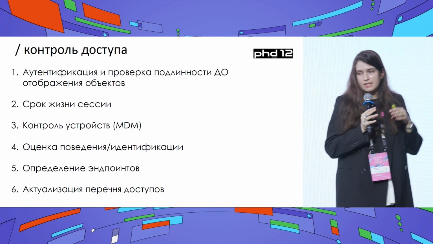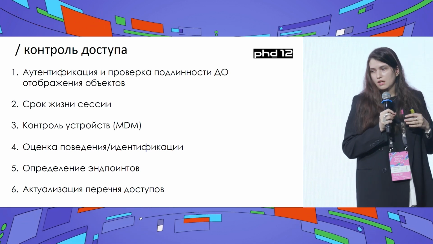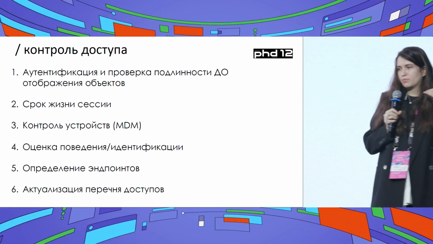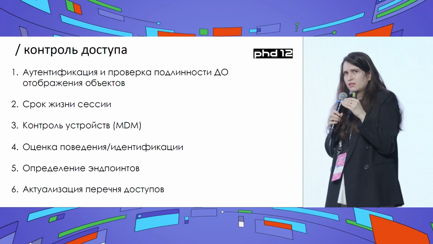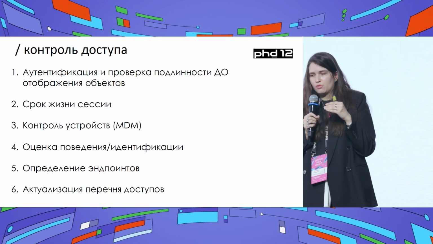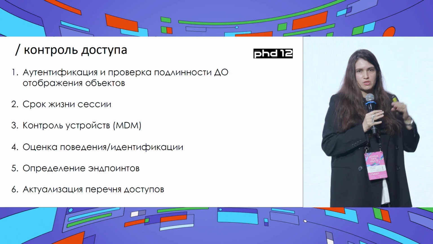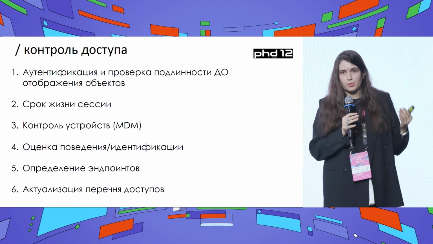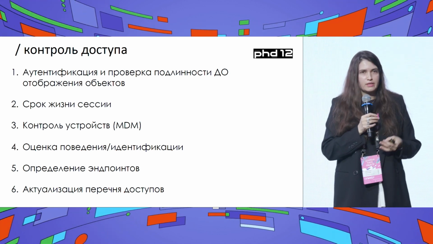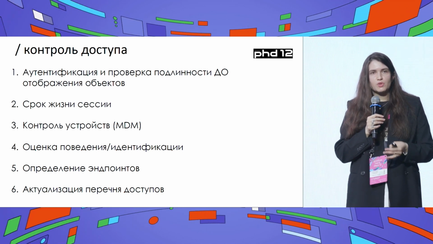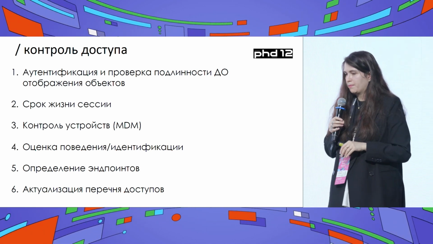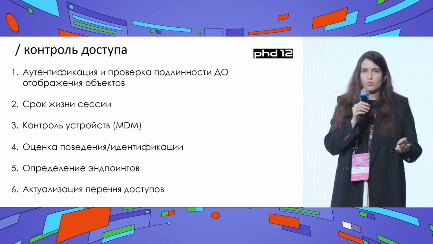Next, behavior assessment and identification. If someone gets into an app, what they do there, at what time they get into the app, for how long is their session, and then to monitor this data and to assess the overall security.